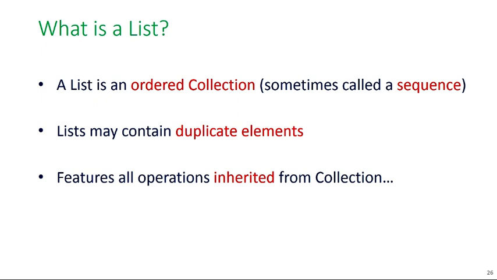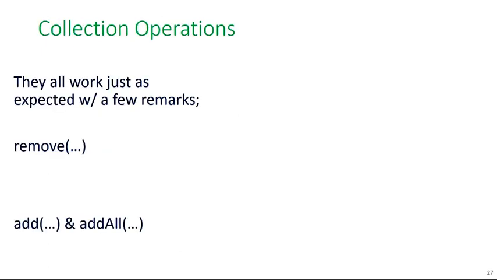So everything we said about collection is still true. That's the point of a superclass, right? So our list interface is going to offer all the features of collection, and it's going to offer some new features that make it worthwhile to have a list collection. So let's get rid of the obvious stuff.